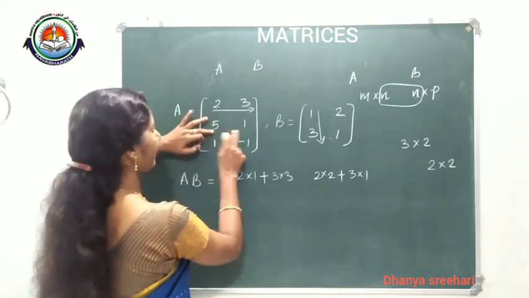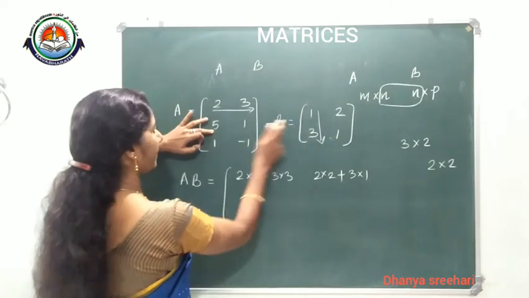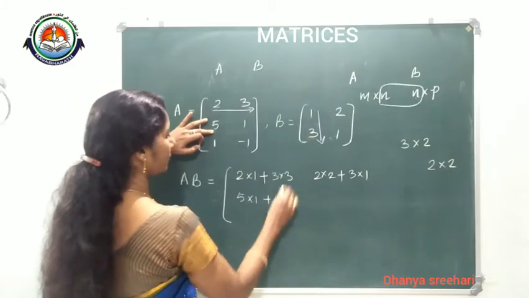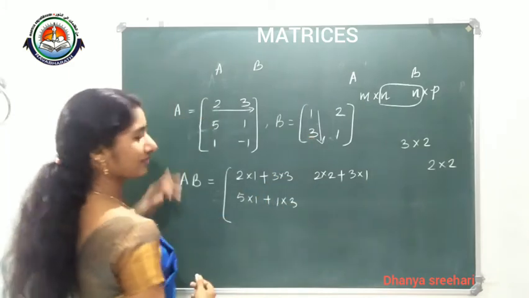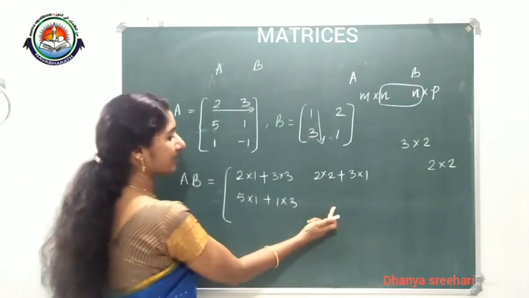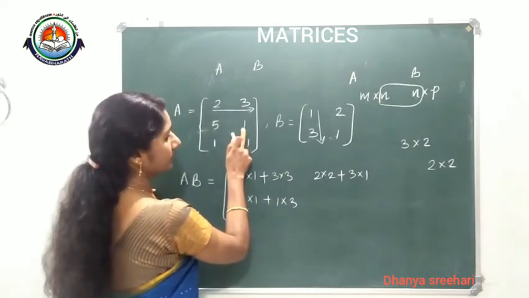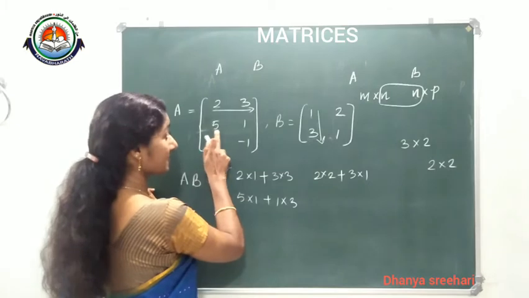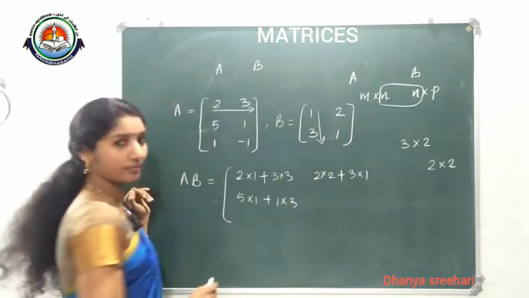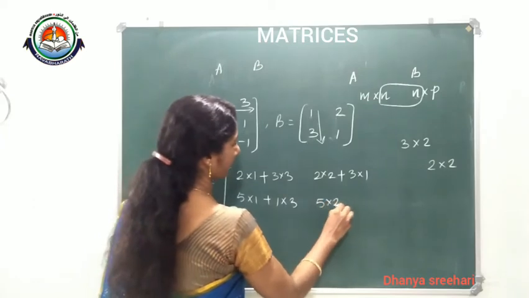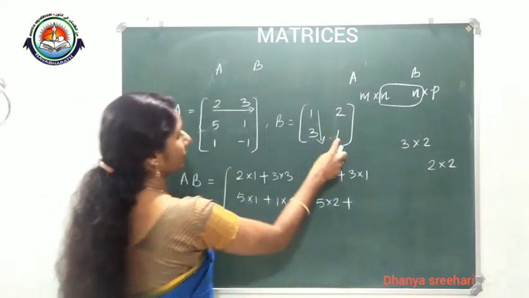So second row 5, 1, first column: 5 into 1 plus 1 into 3. Now we get the second element: second row with the second column. So 5 into 2 plus 1 into 1.